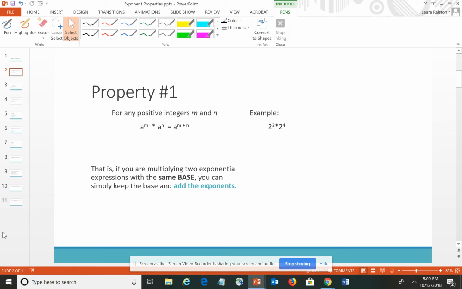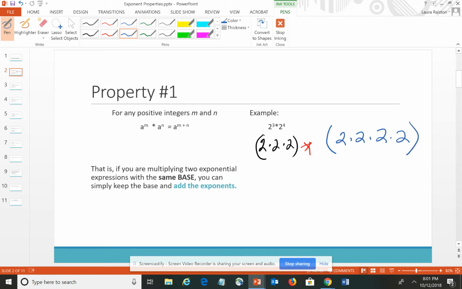I want to kind of show you why this property works. If we have the problem 2 to the third times 2 to the fourth, well, by definition, 2 to the third would be 2 times 2 times 2, and we want to multiply that by 2 to the fourth. Well, again, by definition, 2 to the fourth would be 2 times 2 times 2 times 2.